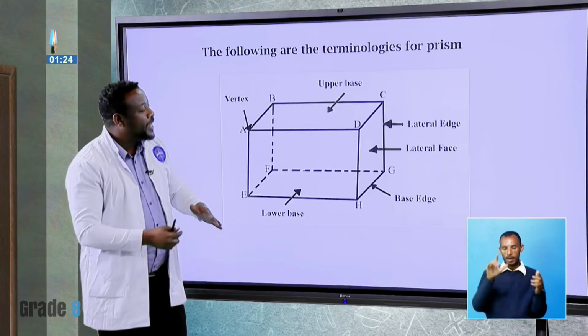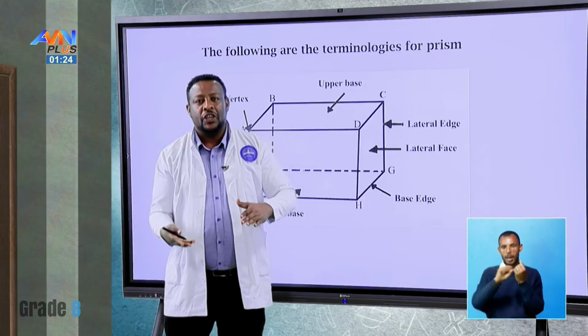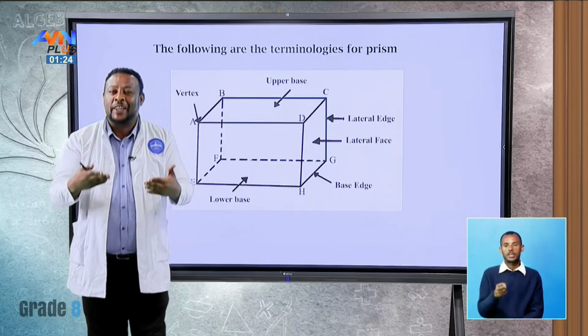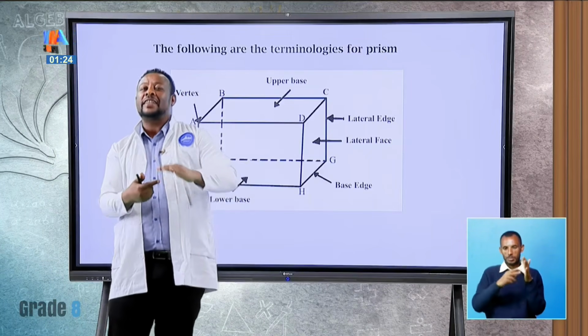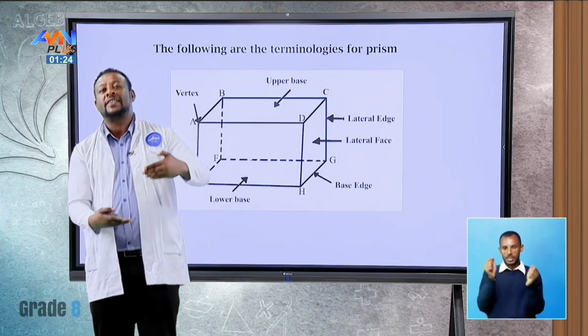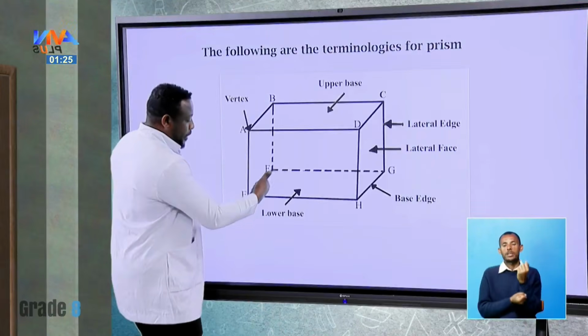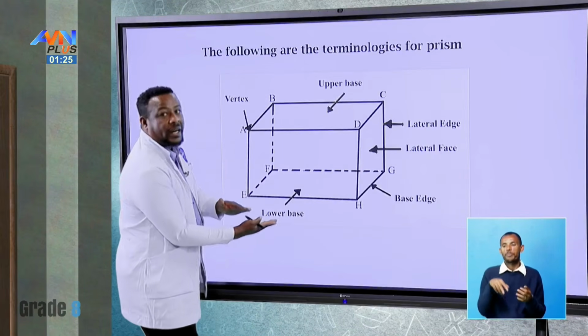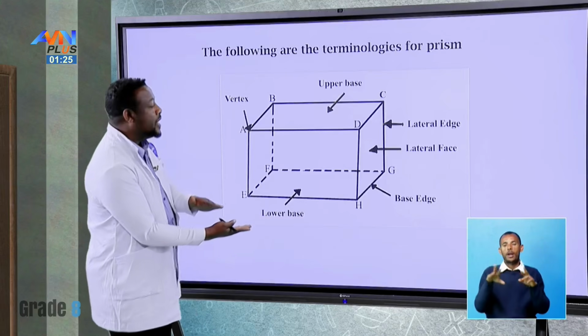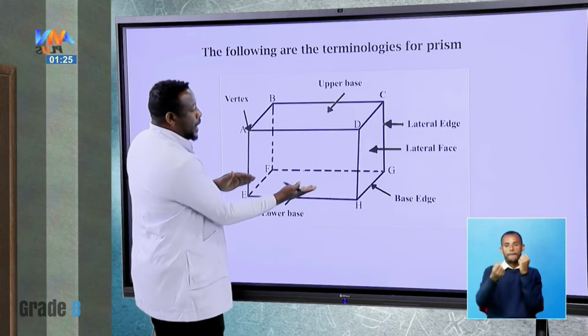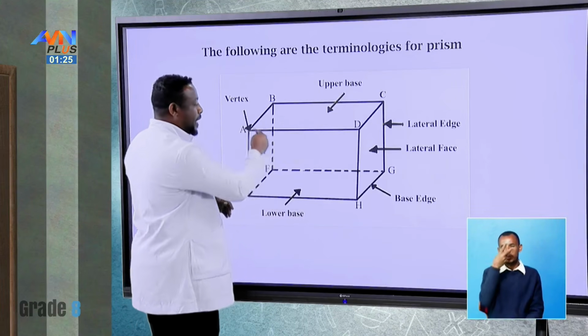The other thing is the base edge. A base edge is a line segment which is the intersection of a lateral face and the base. For example, the lower rectangle is a base, and this is a lateral face.